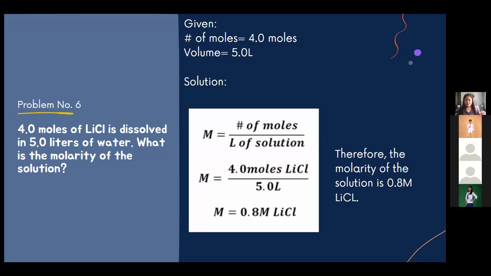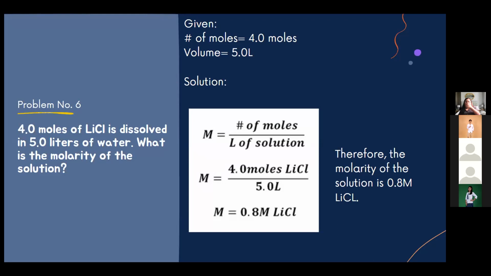So for problem number 6, 4 moles of lithium chloride is dissolved in 5 liters of water. What is the molarity of the solution? So again, the first thing we're going to do is to find the given, which are the number of moles and the volume.